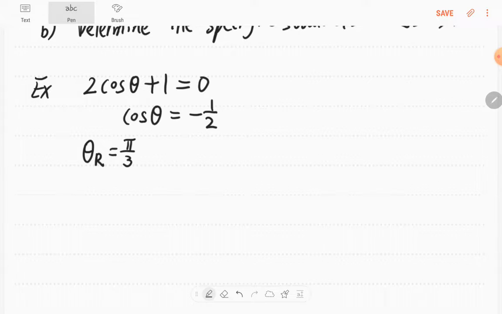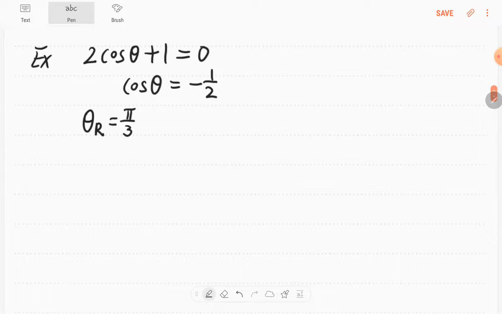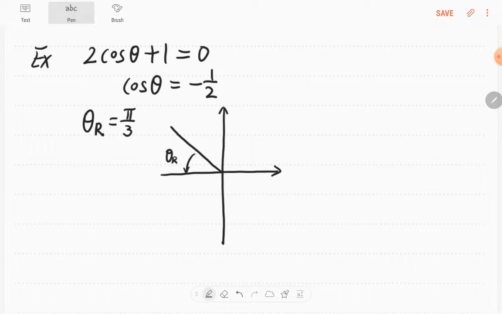So now we notice that cosine theta equals negative 1/2. Cosine theta is a negative number when theta is in the second and the third quadrant, right? But keep in mind, we have the reference angle, which is pi over 3.